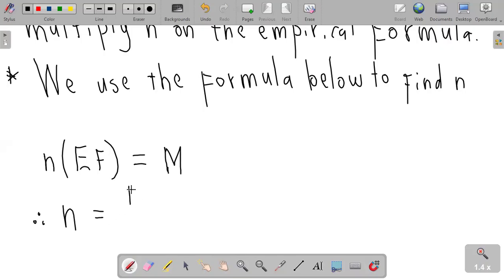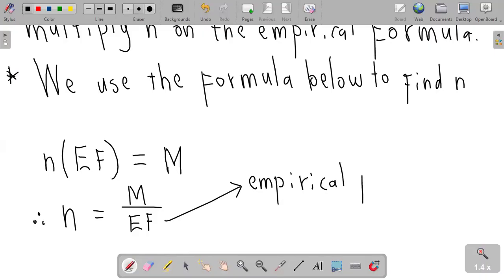We're going to say the molar mass, the molecular mass, divided by EF. EF here is the empirical formula. So we take the masses for the empirical formula, and we divide the molar mass by the empirical formula in order to get the n.